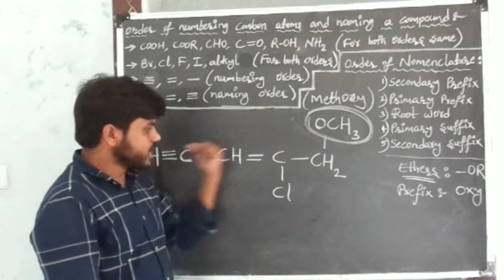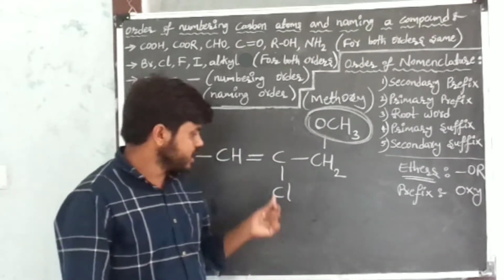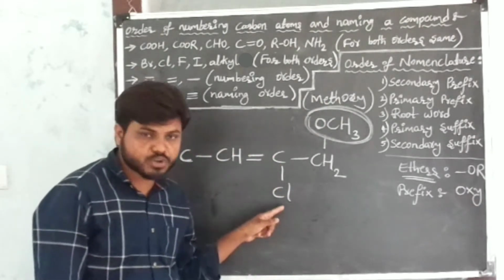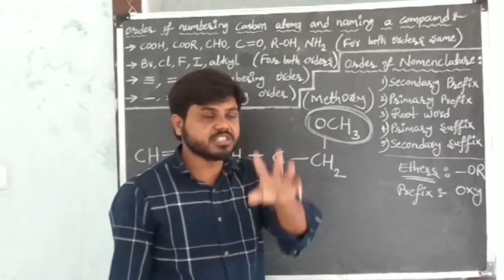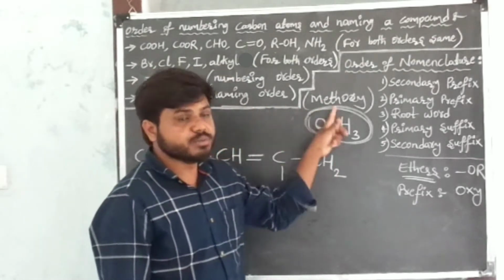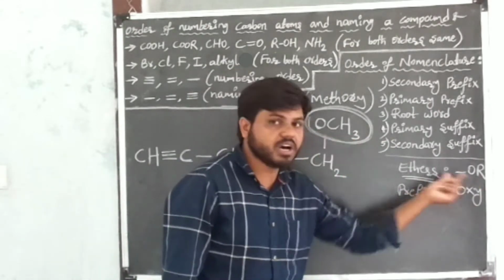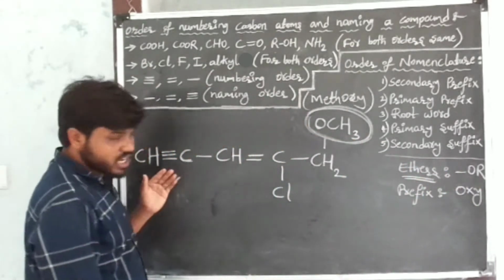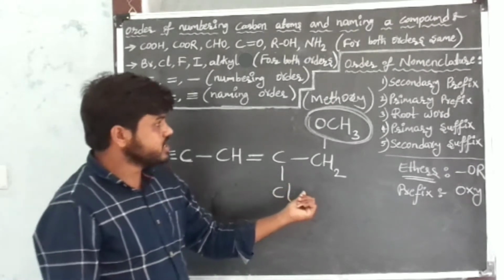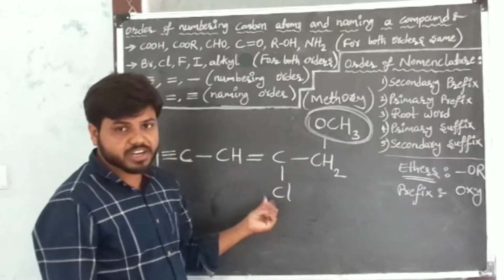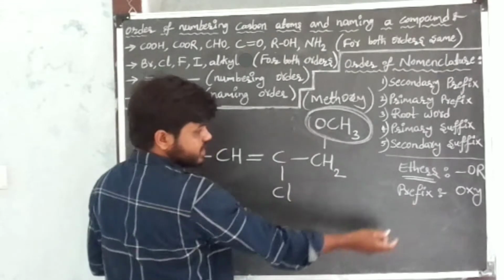Okay, in the given compound, two substituents are there: on this carbon, one substituent that is chlorine, and on this carbon, another substituent that is methoxy. This methoxy belongs to ethers. First, give the numbers to the carbon atoms in such a way that this chlorine should get the least number. That's why I am starting from the right side.